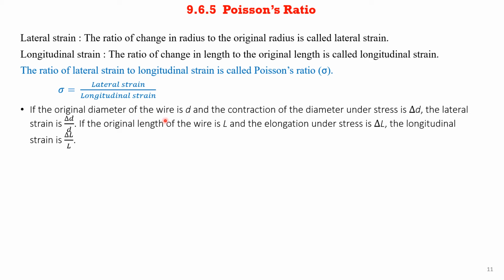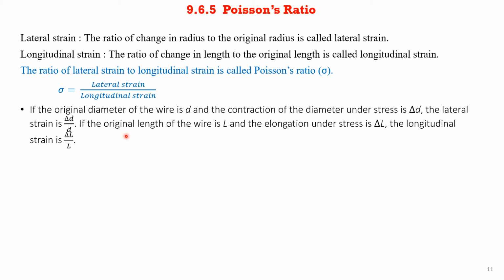If the original diameter of the wire is small d and the contraction in diameter under stress is delta d, the lateral strain is delta d by d, that is, change in diameter to the original diameter. If the original length of the wire is capital L and the elongation under stress is delta L, the longitudinal strain is delta L by L. Please note that sometimes we express changes in diameter or changes in radius. Because it is a ratio, it is immaterial.